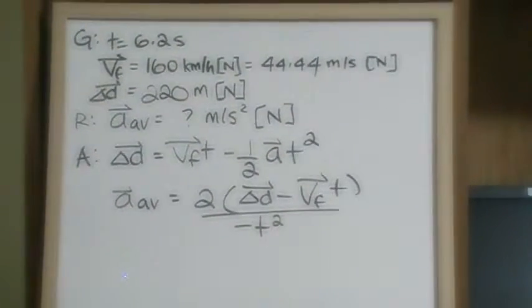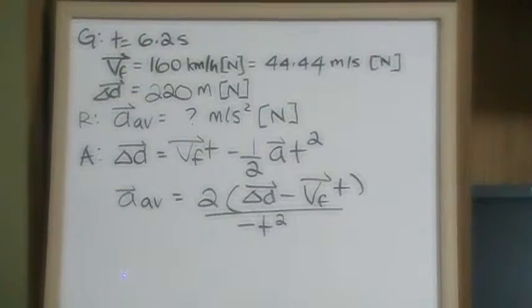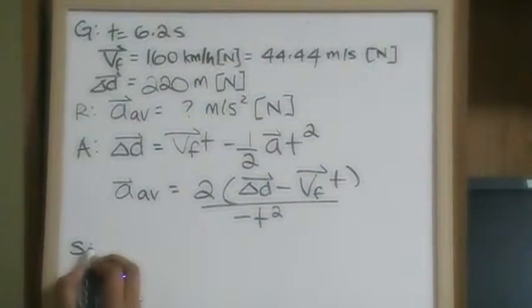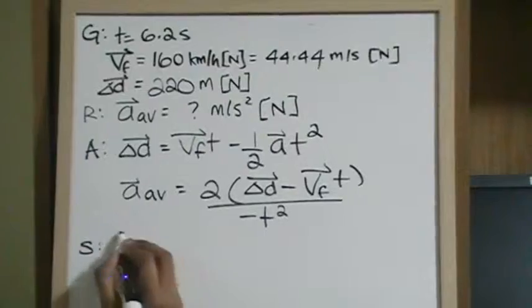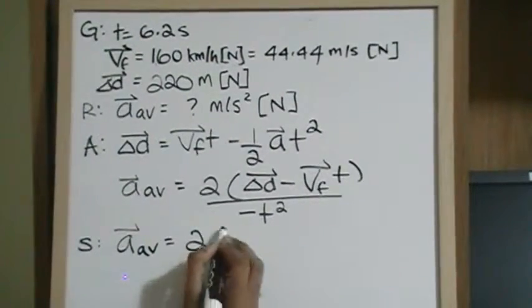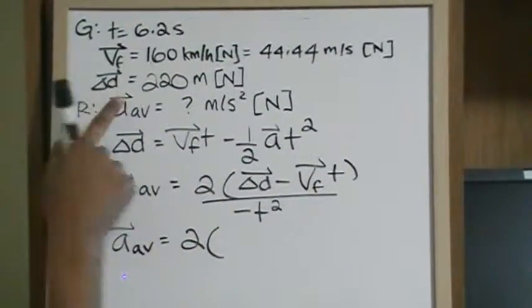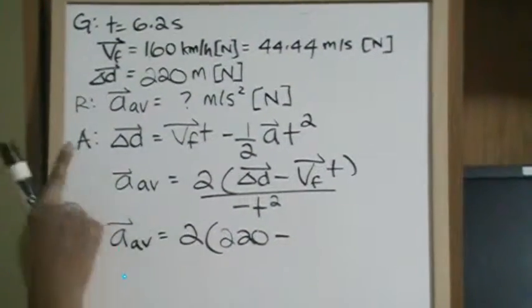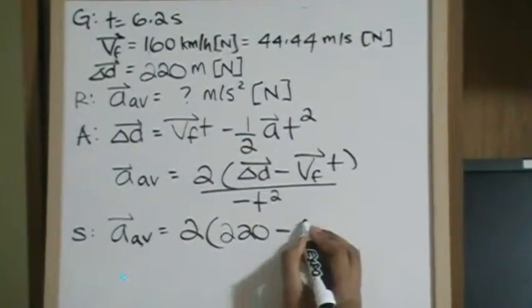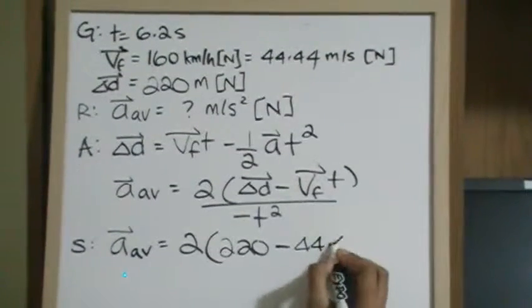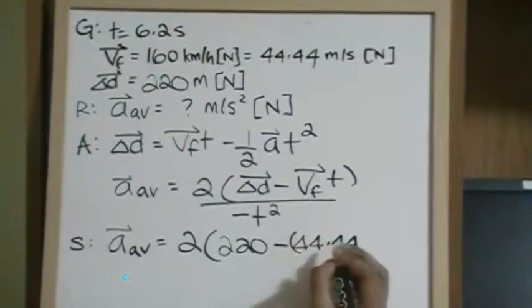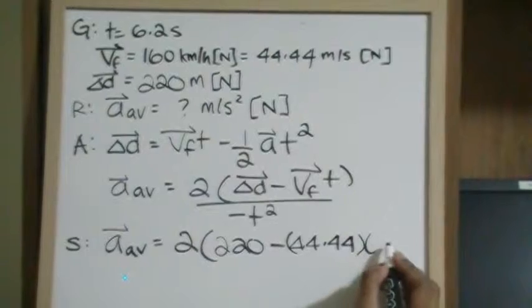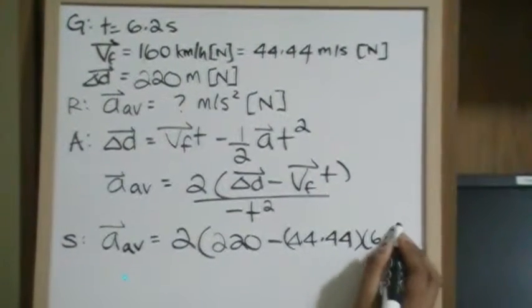And now we're going to continue with substituting the values we know into our equation. We know our delta D is 220 minus the final velocity, which is 44.44, and our time is 6.2 seconds.